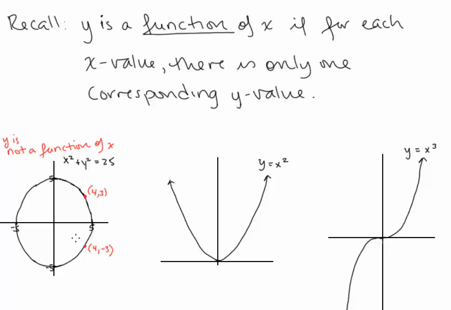An easy way that we can determine if a graph is a graph of a function is if it passes the vertical line test. Notice that if we take a vertical line at x equals 4, it's going to hit the graph twice, telling us that we have two different y values for the same x value.